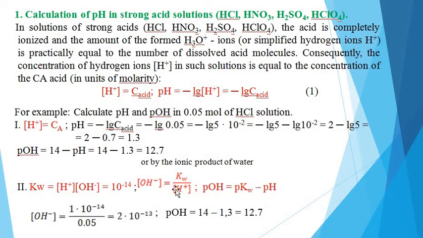Instead of this formula we write the values: the constant 10 to the minus 14 power divided by the concentration of acid, which is 0.05. From this we find the concentration of hydroxide ion, and knowing this we find pOH, which is 12.7. So it is possible to find pH and pOH values in two ways.